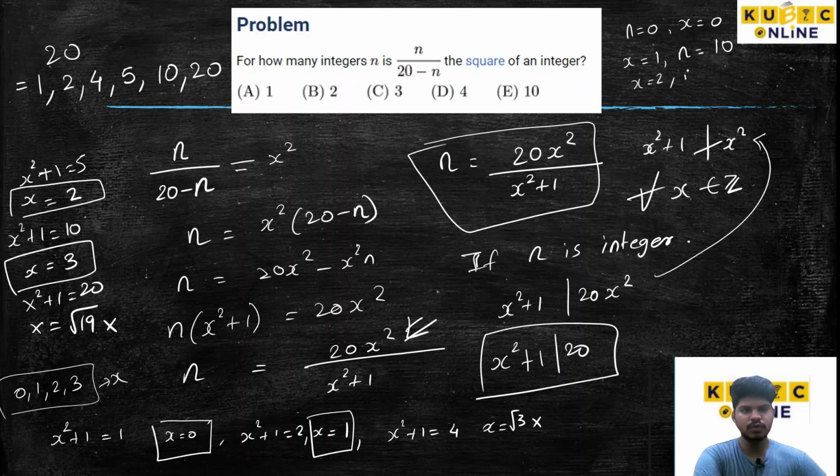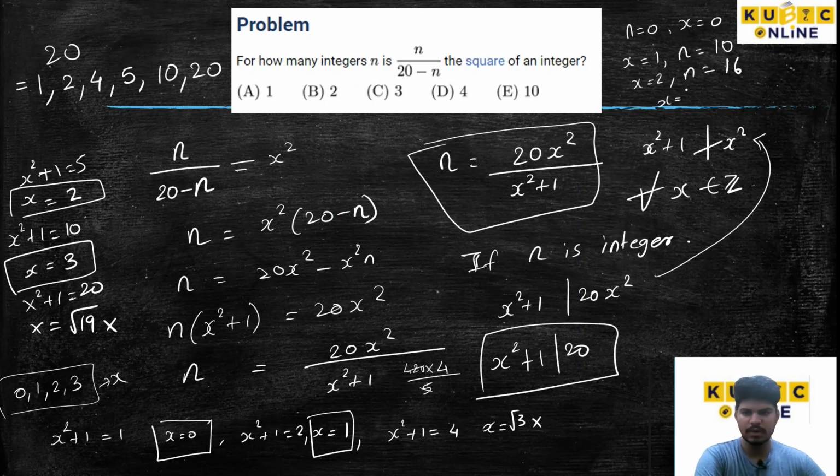When x is equal to 2, n is equal to 20 into 4 upon 5, so n is 16.